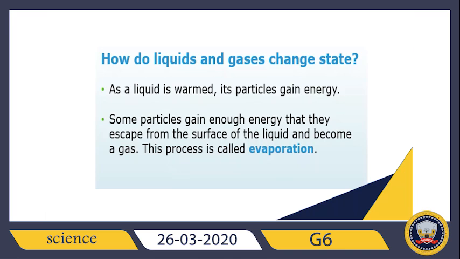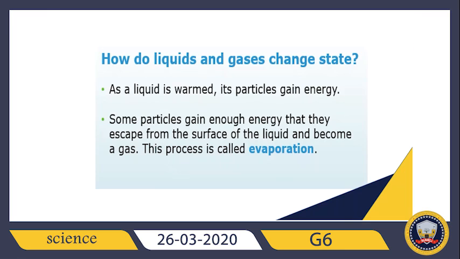So today our main question is, how do liquids and gases change state? For a liquid, as it is warmed, its particles gain energy. Again, for any substance to undergo a physical change, it needs to gain or lose energy.